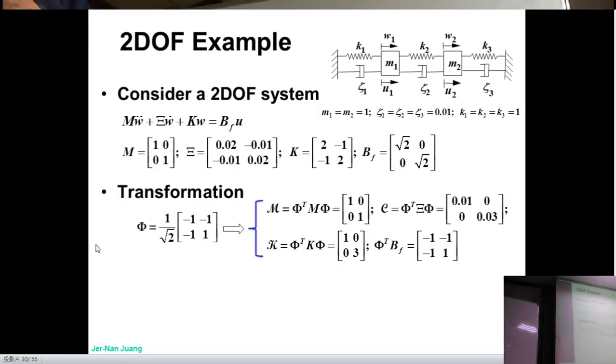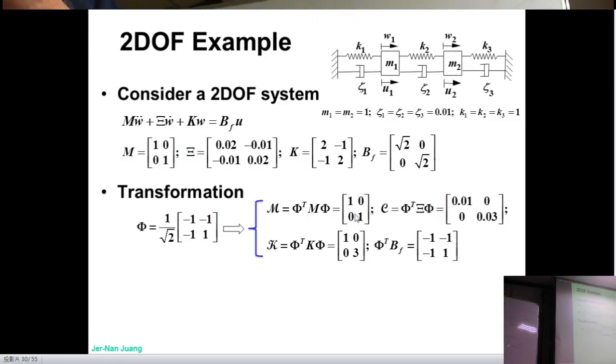And I have a square root over here because I want the length, 1 squared plus 1 squared, divided by square root of 2, equals 1. So I want to normalize it so that they are unit vectors, because you need unit vectors such that phi transpose becomes phi inverse. If you don't normalize it, that's not true. You can do that.